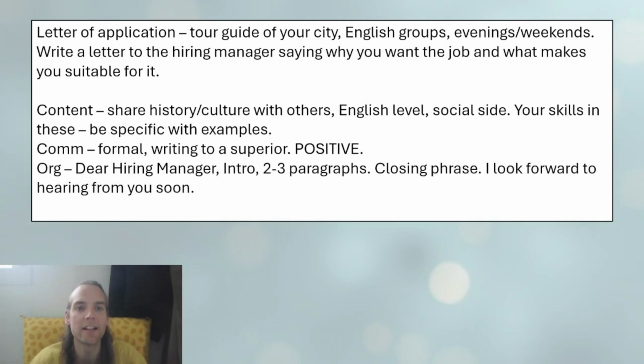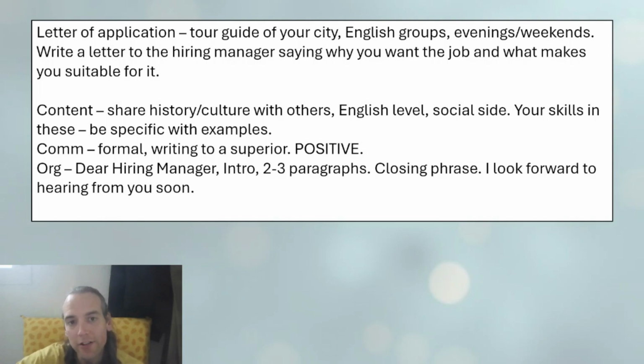In terms of organization, again, little conventions to include. It's a letter, so we are going to include a greeting. In this case, we are given the greeting in the question, to the hiring manager. Let's say, dear hiring manager. We don't know if it's a man or a woman. Sir or madam might be a bit old-fashioned, so let's say, dear hiring manager.